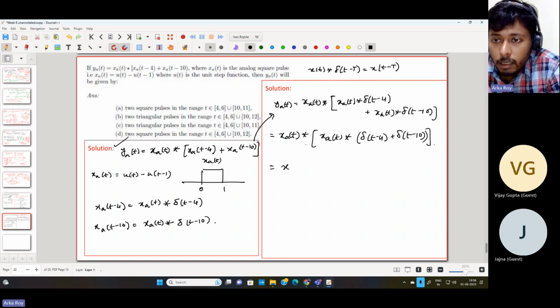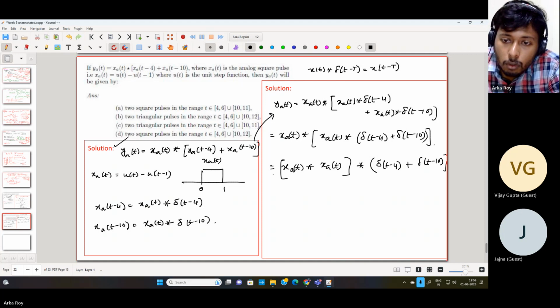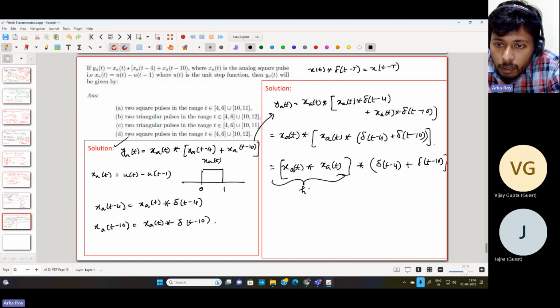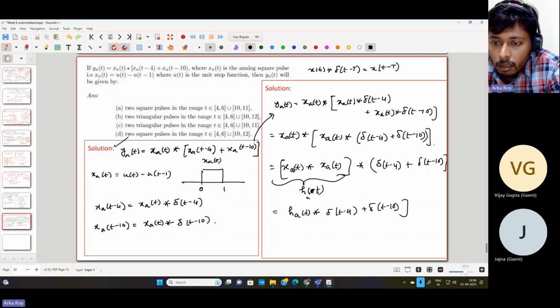So by the convolution law, I can write it as xs(t), xa(t). I will evaluate this first, and then I will evaluate x(t) minus 4 by delta t minus 4, delta t minus 10. So let us consider this will effectively give you ha(t), so ha(t) convolution with delta t minus 4, delta t minus 10.